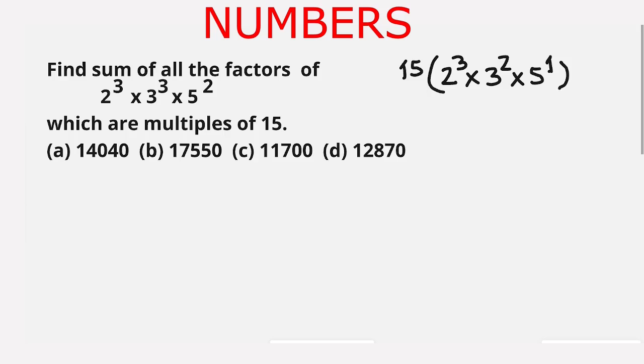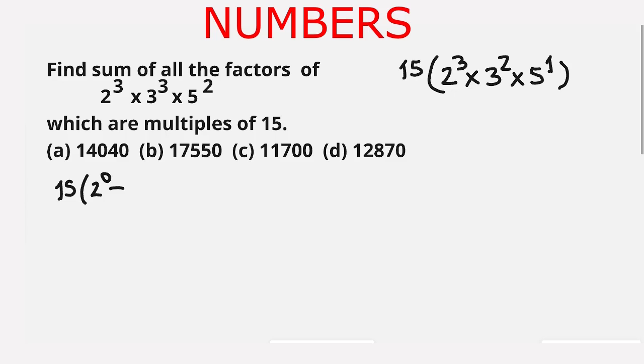Now we take the sum of all the factors of 2 to the power 3 multiplied by 3 to the power 2 multiplied by 5 to the power 1, and we again multiply it by 15. That will be our answer. So we write 15 multiplied by, we start from 2 to the power 0 and we go up to 2 to the power 3.